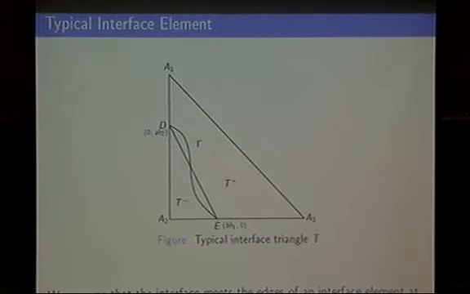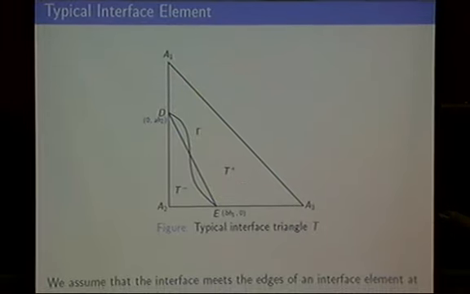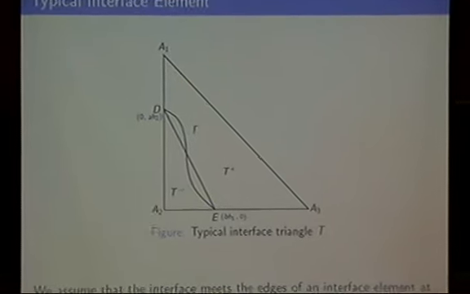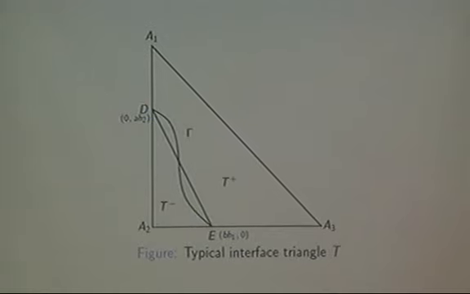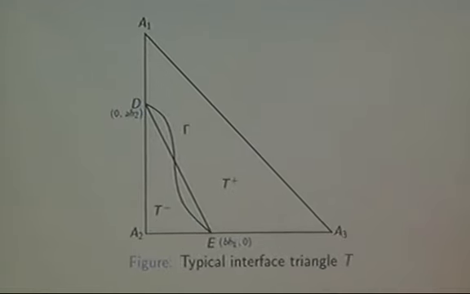Each triangle is part of the domain, right? It's called an element. Okay? In the classical case, any interface must pass through the vertices, A1, A2, something like that. But we allow this gamma, a smooth curve, to cut through inside the element. Okay?